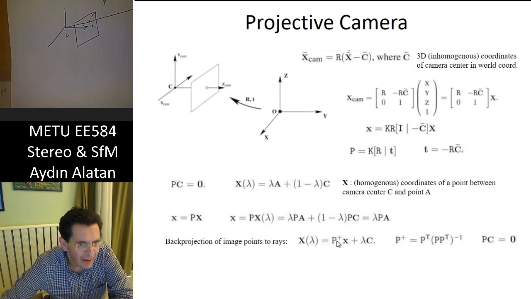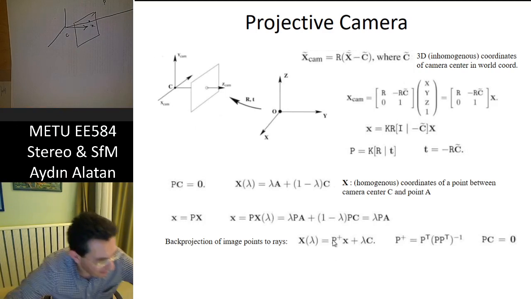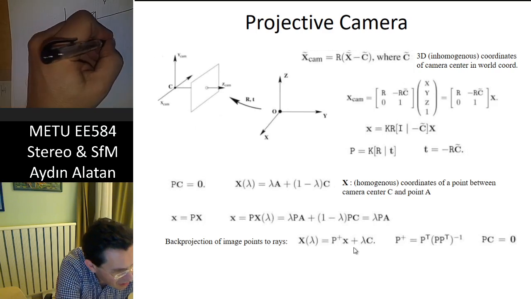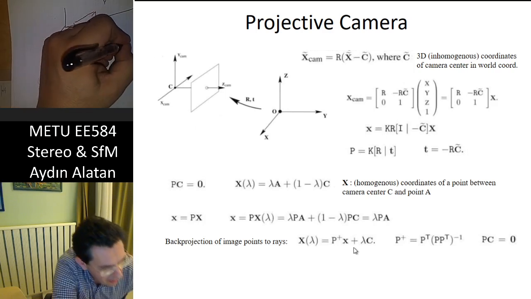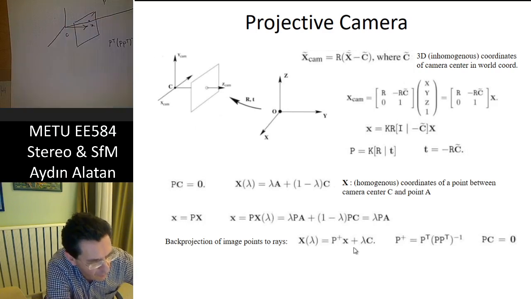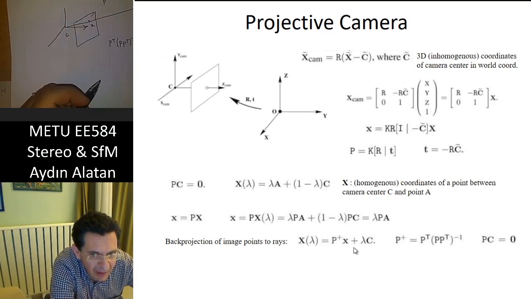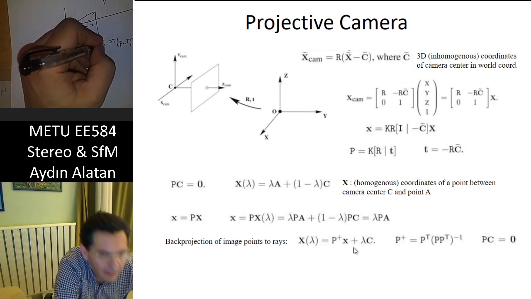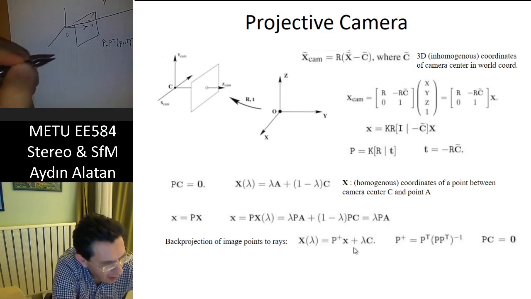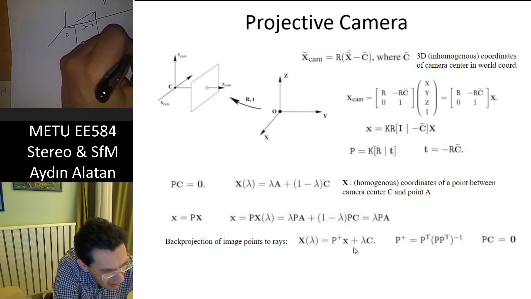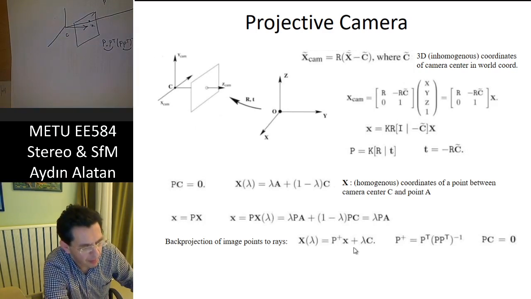Now, we know that the pseudo inverse of P, which is P transpose times (P P transpose) inverse, is the pseudo inverse. If I simply multiply this thing by P, certainly the result will be an identity operator.